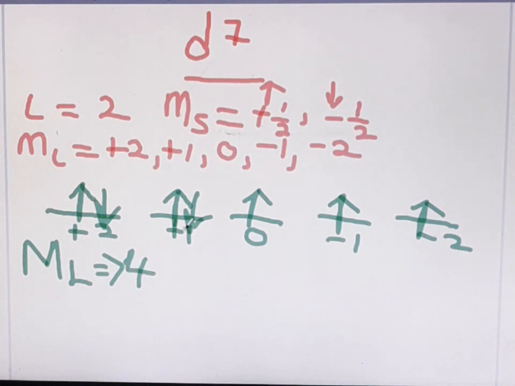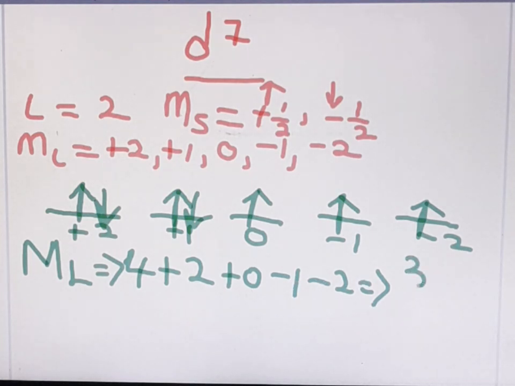The next orbital has a magnetic quantum number of plus 1. It contains 2 electrons, so it becomes plus 2. The next one is 0. This is negative 1, containing only 1 electron. This also contains only 1 electron, so negative 2. So we have 6, minus 1, we have 5, then minus 2, we have 3.